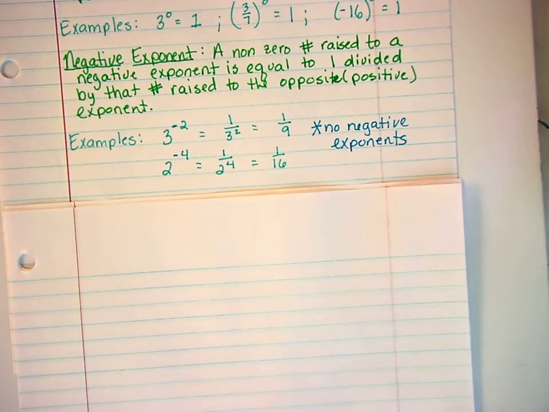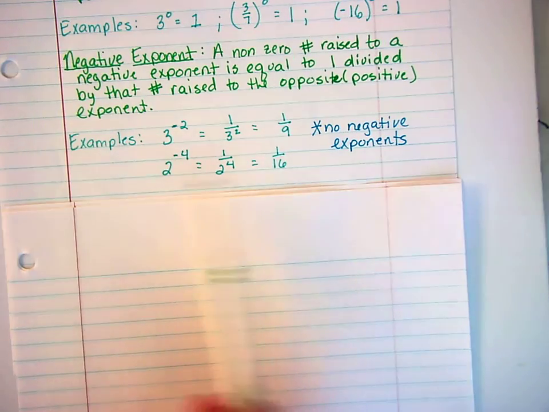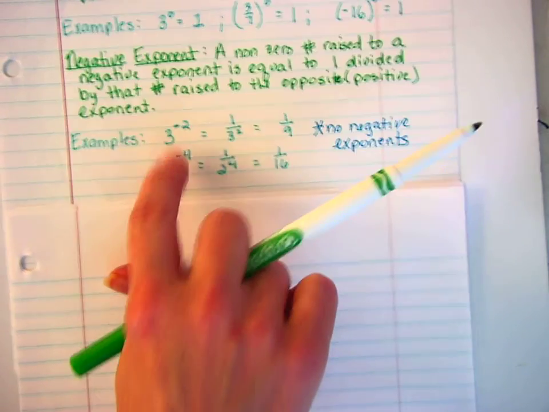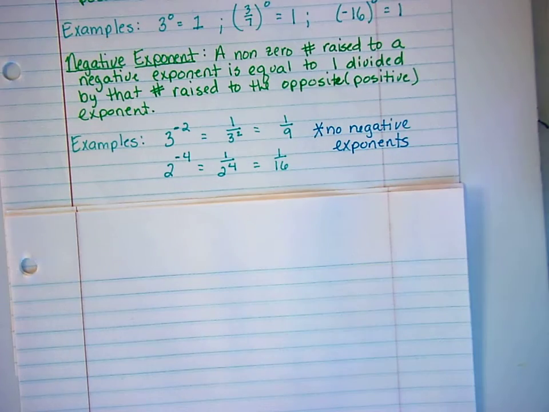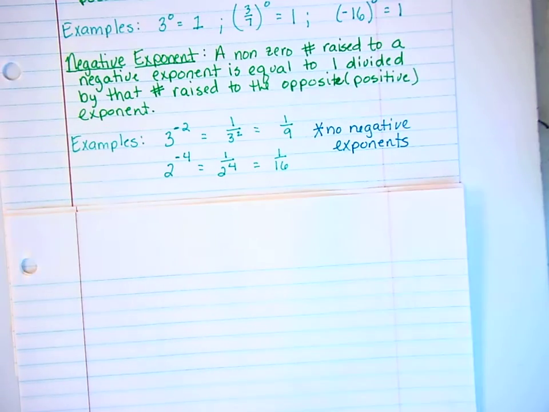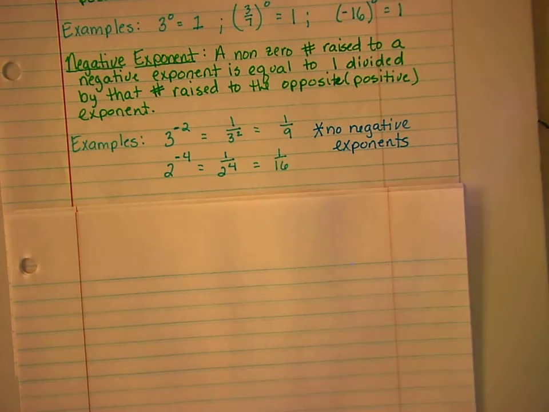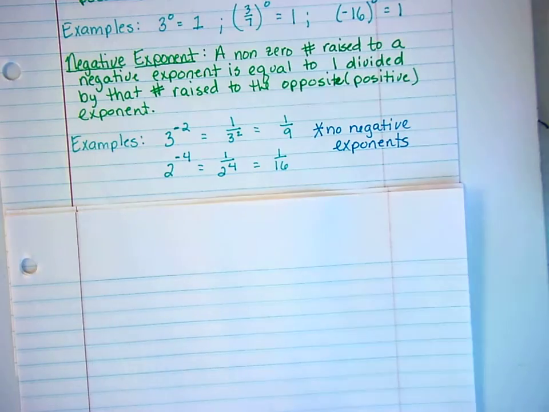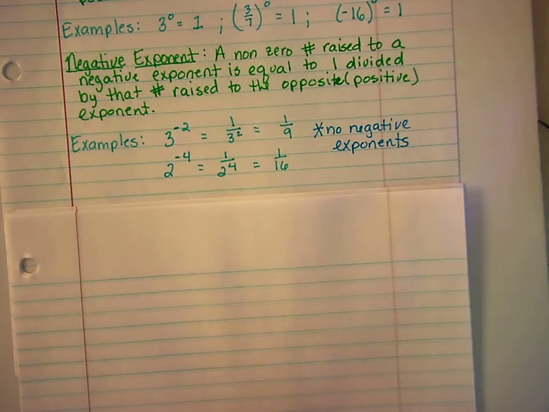Now, I can take these 2 problems the way they are and plug it into my calculator. That's not always going to be the case. If I have variables in here, I will not be able to plug it into the calculator. So now I'm going to throw in some letters of the alphabet, making math more fun.